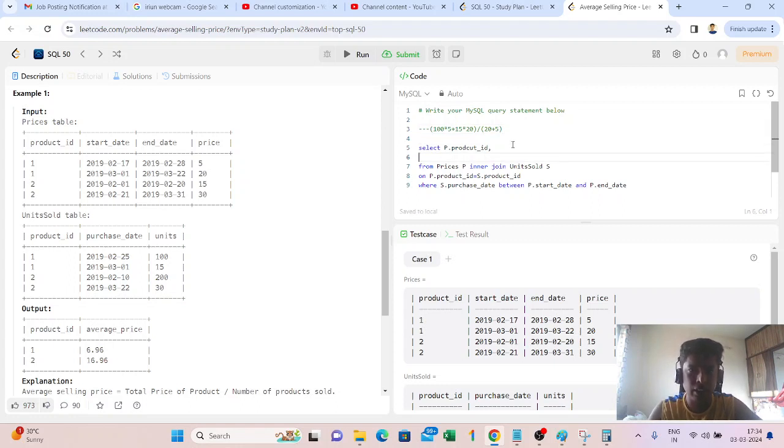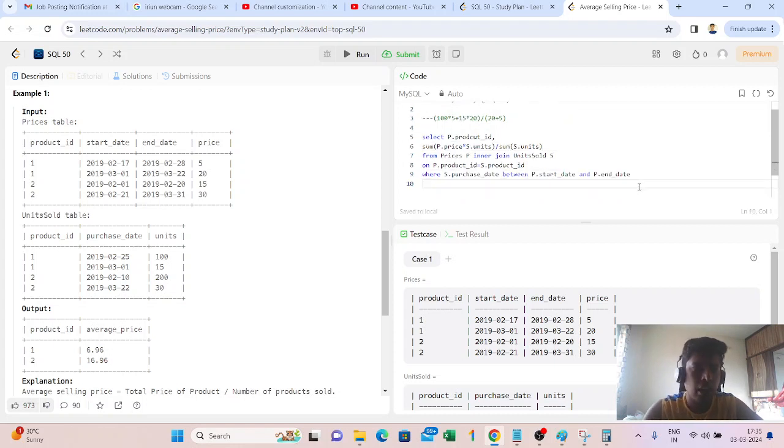Now to write this in code form, just give sum of P dot price multiplied by S dot units, divided by sum of S dot units, as average price. And one more thing, we have to round it to two decimal places as it was asked.